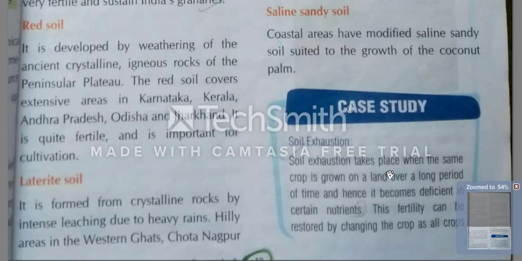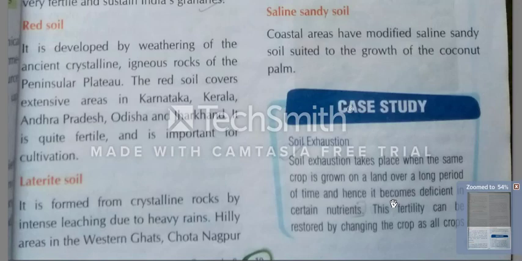Soil exhaustion takes place when the same crop is grown on a land over a long period of time and hence it becomes deficient in certain nutrients. Clear? It means when people grow the same crop again and again on the same piece of land, okay.